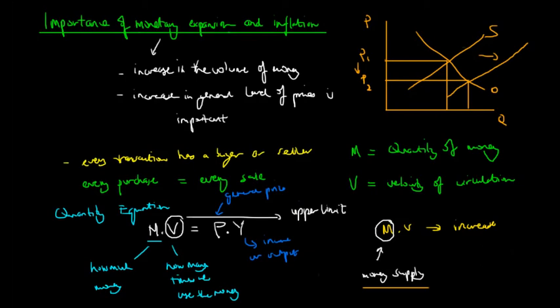So for this equation to once again balance, MV equals PY, when M increases, and assuming that output stays the same in the short run, we will see that the overall price of the economy would increase. So sustained inflation will result from any increase in the money supply in excess of output. So if, for example, production, or Y, increases along with the money supply, then there will be no inflation.